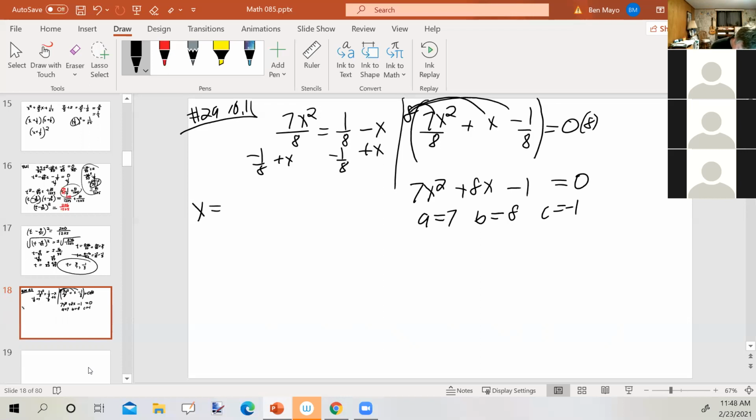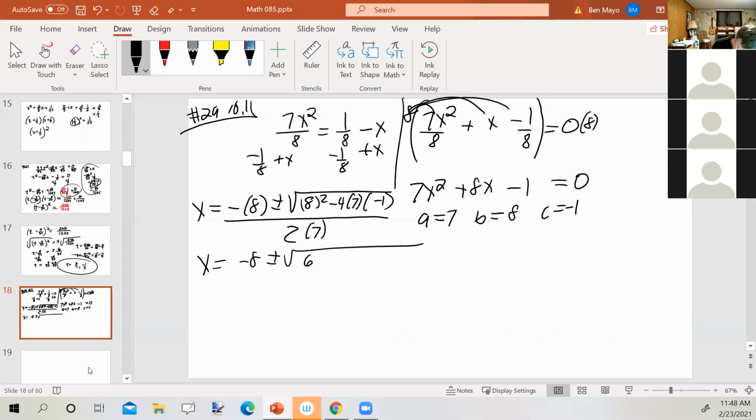So we get x equals -8 plus or minus the square root of 8 squared minus 4ac, all over 2a. x equals -8 plus or minus the square root of 64 plus 4 times 7 times 1, negative times negative is positive 28, all over 14. x equals -8 plus or minus the square root of 92 over 14. Okay.